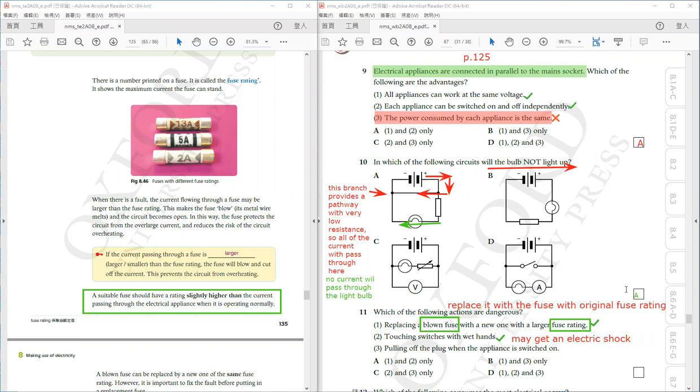Okay, last one also correct. When the appliance is switched on, you should not pull off the plug. Therefore, the answer is D.